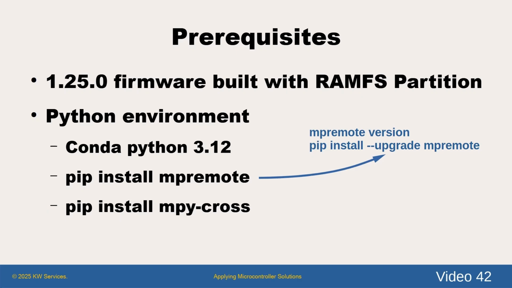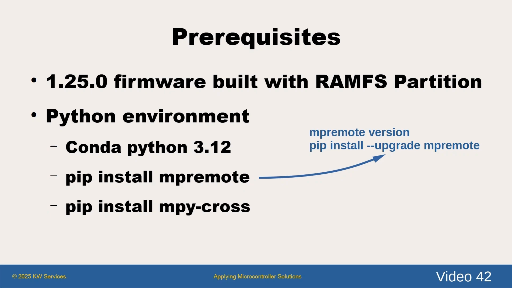To perform the build deploy process, we must first install our environment. On my PC desktop, I have a Conda Python 3.12 environment. I must load 2 programs into it. First, I pip install MP remote, and then I pip install mpy-cross.